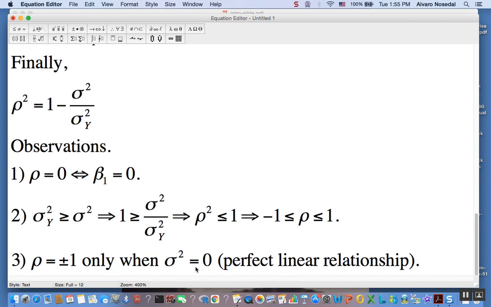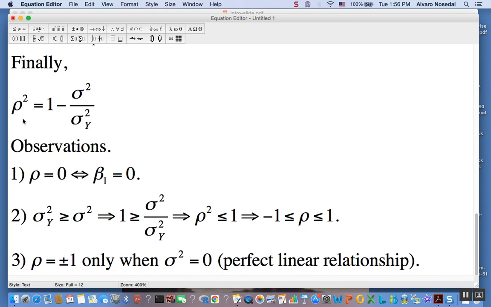Okay, so let's summarize what we have done here. We obtained a quantity that is related to the correlation coefficient. We talked about the square of the correlation coefficient. We also talked about some of its properties, and these properties will be important because it turns out that this guy measures the strength of a linear association.